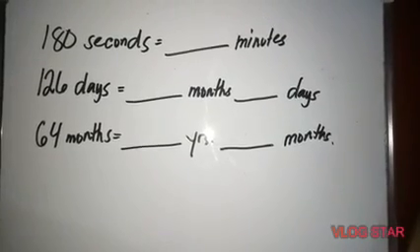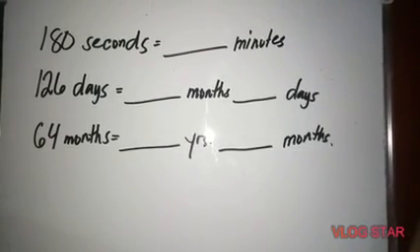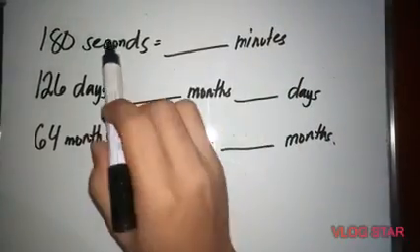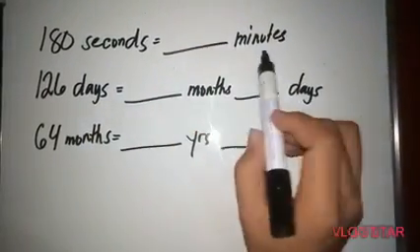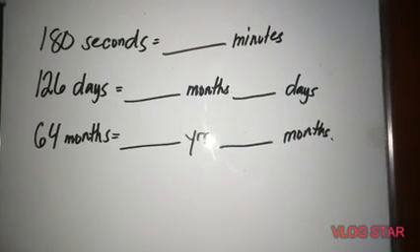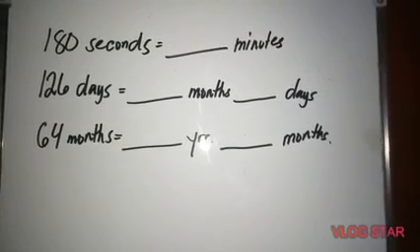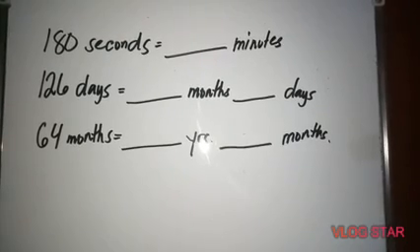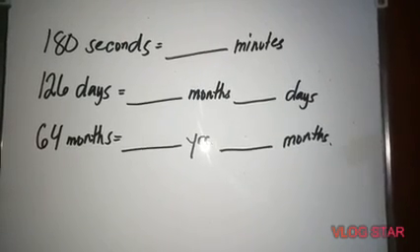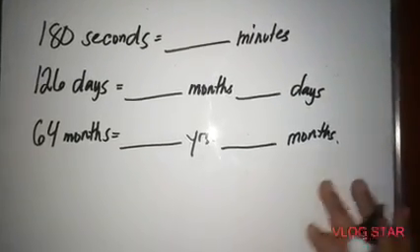So part of our discussion is the conversion of units of time. The first example is 180 seconds into minutes. So we know that in 1 minute there are 60 seconds.